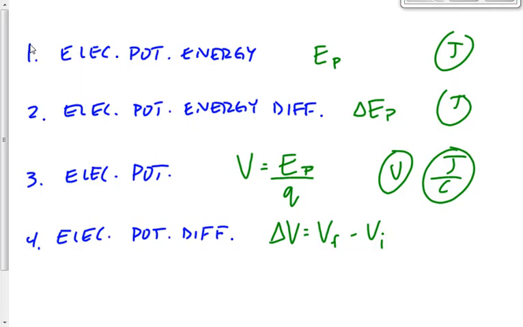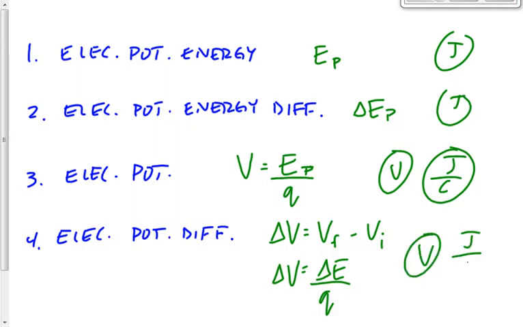Our grade 6er could do that, even without having any idea of what potential or potential difference really was. Okay, they could subtract those. What's the other way that we can find potential difference? Well, if potential is E over Q, then potential difference could also be delta E over Q. What would the units be for potential difference? Same as it is for potential, right? Volts or joules per coulomb. You got that?